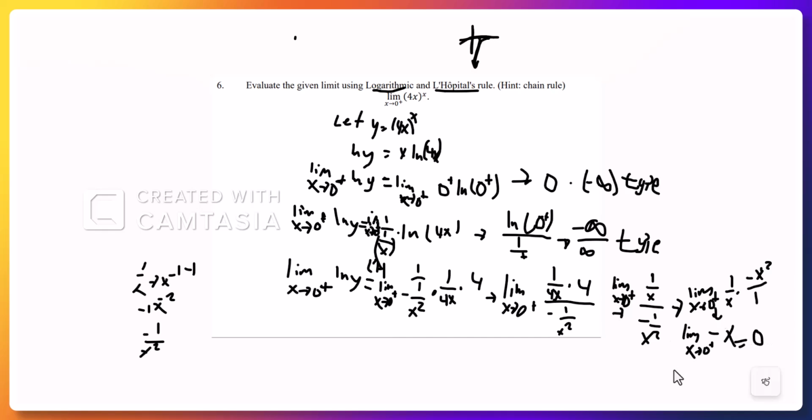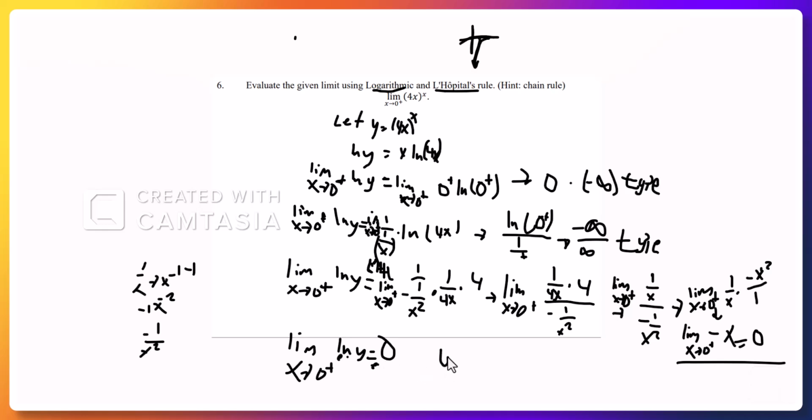So now that we've used L'Hopital's rule, from pretty much all the work we just did, we have the limit as x approaches 0 from the right side of natural log y equals 0. To get rid of the natural log, we're going to raise e to both sides.